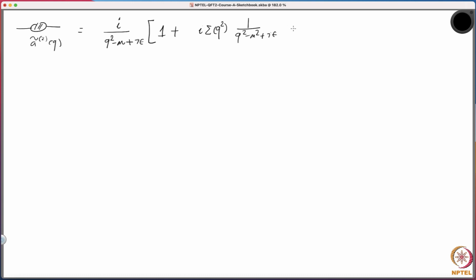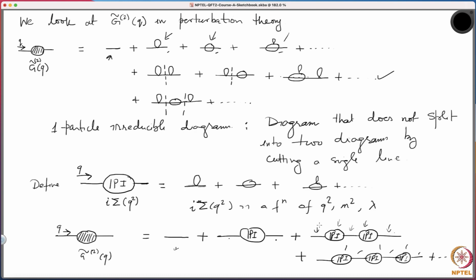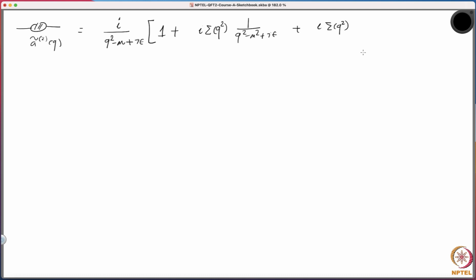plus so you have 2 factors of these. So I have already taken this one common, factored it out. Now you have 2 factors of sigma. They both have the same q square entering into them. And then these 2 propagators, which are again identical. So I write this.